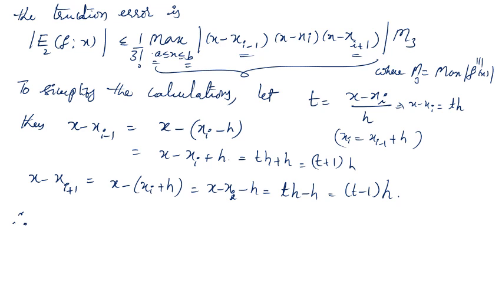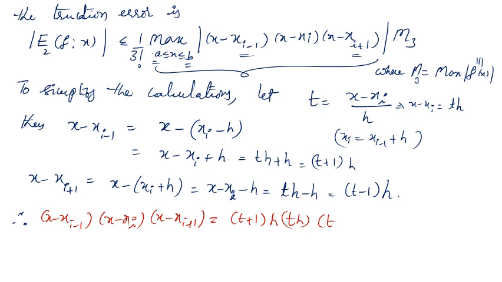Therefore, x minus xi minus 1, x minus xi, and x minus xi plus 1 is equal to how much? X minus xi minus 1 is t plus 1 into h. Next, x minus xi is th.